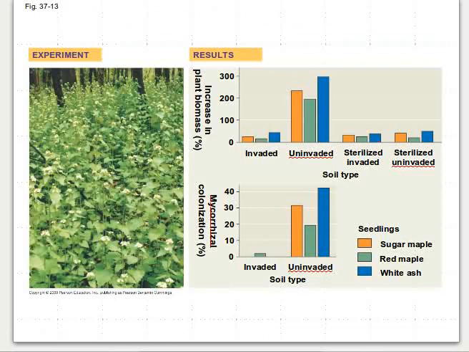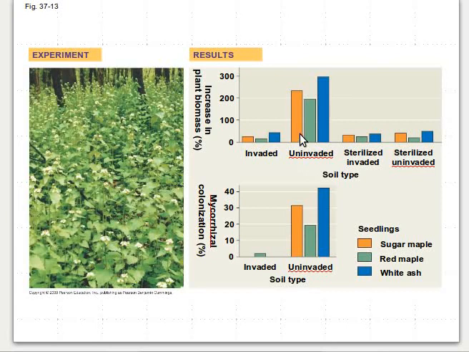You can see that with this invasive species, the plant biomass basically looks the same as sterilized soil compared to the uninvaded area. So when you have the invasive species, plant biomass looks very similar to sterilized soil with no mycorrhizae in it.